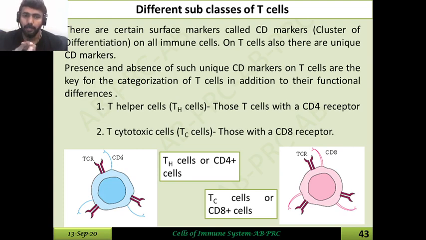One is the T helper cell, the other one is the T cytotoxic cell. T helper cell is a CD4 plus cell, and T cytotoxic cell is a CD8 plus cell. Right. And already we know that CD4 plus cells are able to interact with antigen MHC class 2 complex, whereas T cytotoxic cells are able to interact with class 1 MHC antigen complex. Fine.